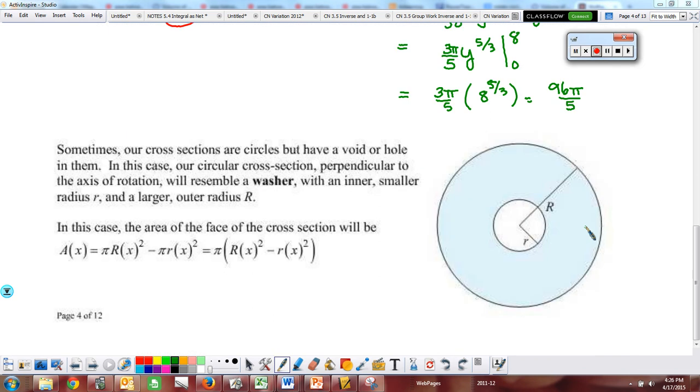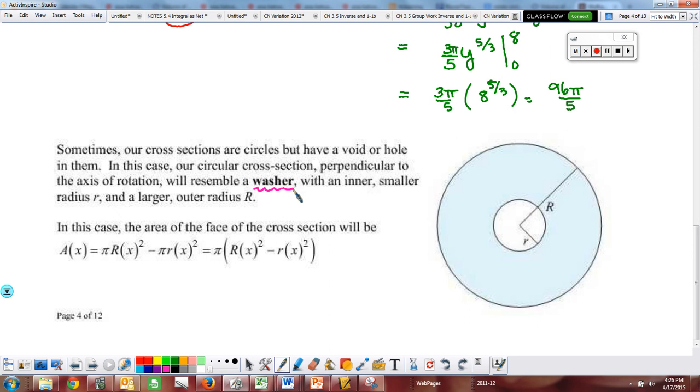All right, let's take a look at the next idea. Whenever we go to do this rotation, it depends upon whether the region that I'm rotating is attached to the axis of rotation, or whether there's a little bit of a gap there. When I spin it around, instead of getting a disc, we're going to get a washer.